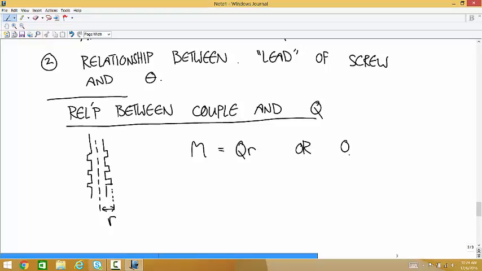And so in other words, that Q, you could write that as the couple divided by R. And so when you're going through your calculation, you could start out with Q represented this way.